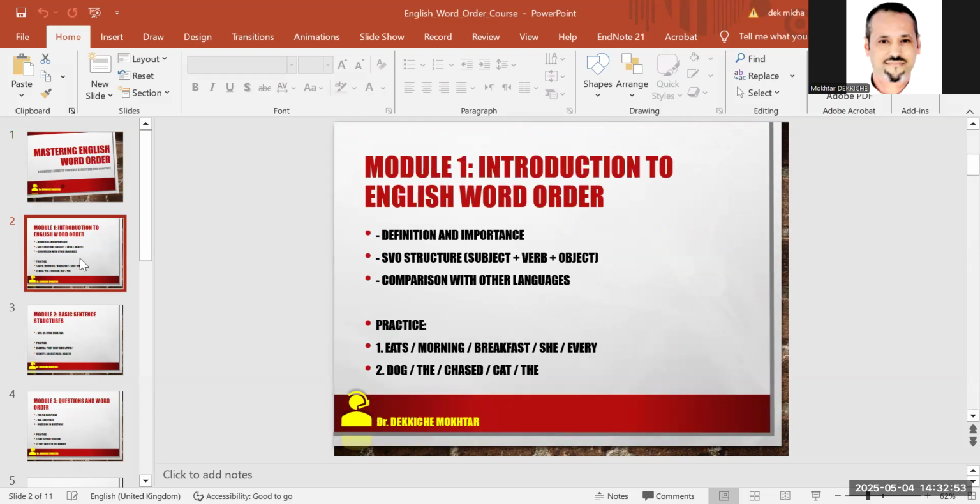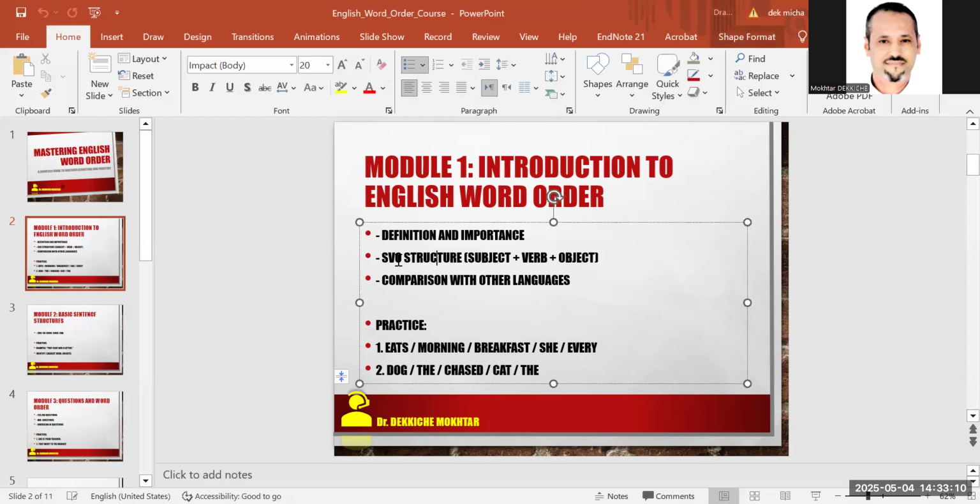We begin with the basic structure of English sentences. The most common structure is subject plus verb plus object. So this is the very basic sentence, which is subject, verb, and object.